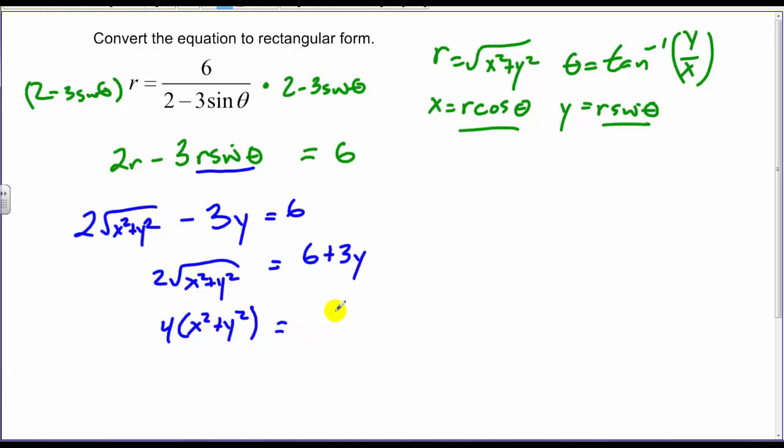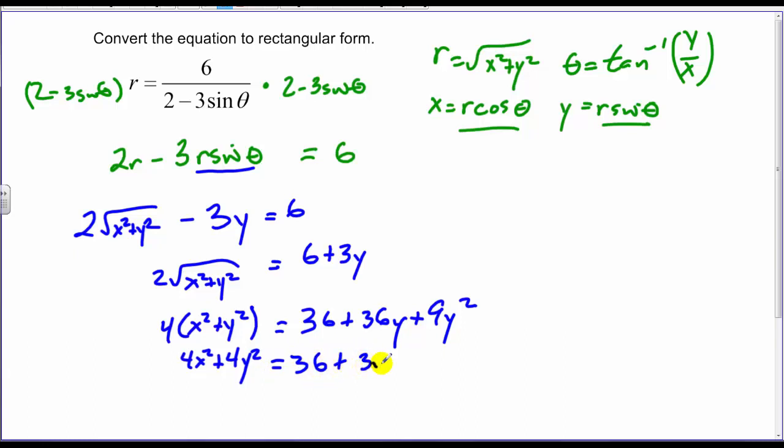And 36 plus 36y plus 9y squared. Distributing through, 4x squared plus 4y squared equals 36 plus 36y plus 9y squared. And you'll notice from here I can combine like terms.